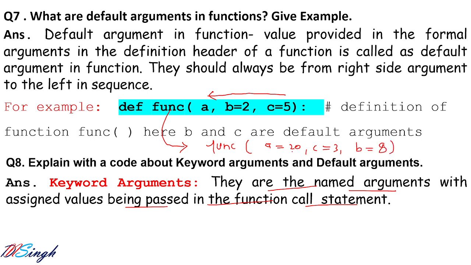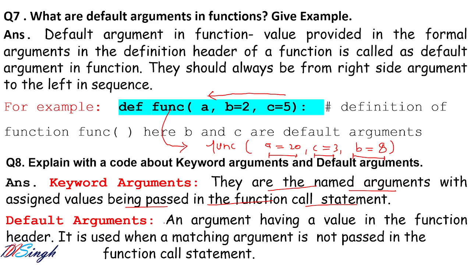So there is no importance of the order in which we put these. Why? Because we are using the same names that are in the formal parameters. If it is positional, then we have to take care that the order is correct.